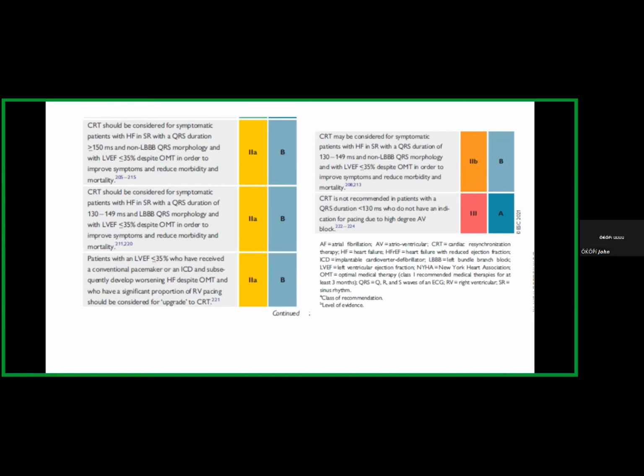Okay. So CRT can be considered for symptomatic patients with heart failure, sinus rhythm, QRS duration of 130 to 149, and non-LBBB. CRT is not recommended in a patient with EF less than 30% who do not have indication for pacing. Any other one again? Yeah, so I can see this.